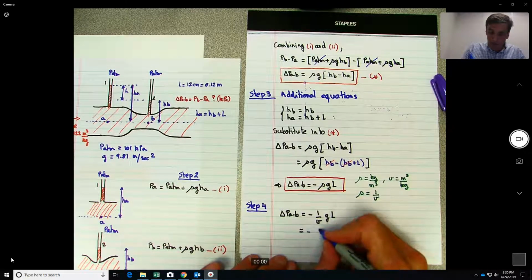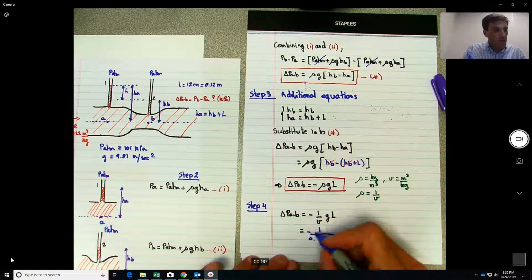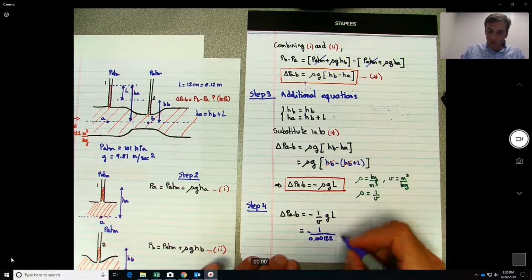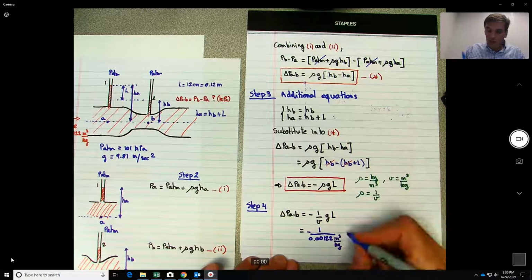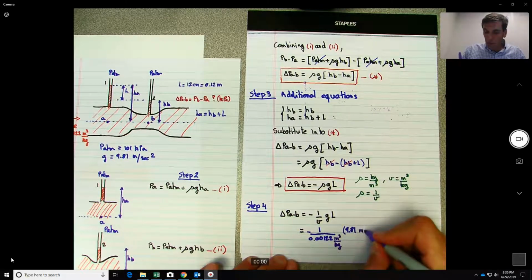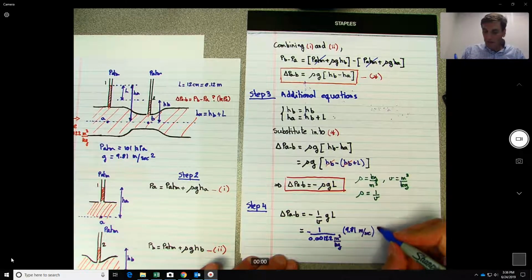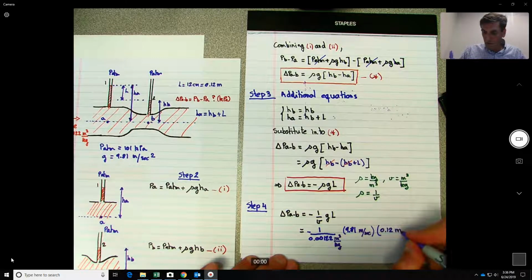So we get minus 1 over 0.00122 meter cubed per kilogram, times G, that will be 9.81 meters per second squared, times 12 centimeters, that we already said is 0.12 meters.